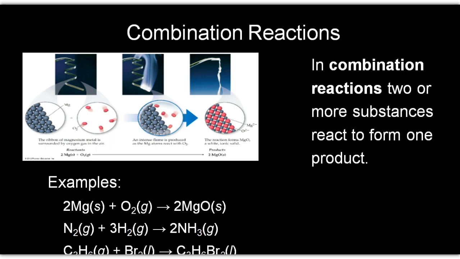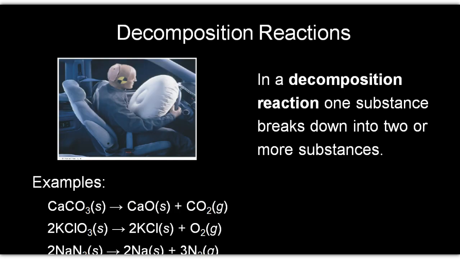Reaction types, this is a small listing of some of the different types of reactions that we could have. Here you have what's called a combination reaction, in which you're having two things added to make a new substance. So there we have a couple different examples of that. And then just the opposite, you have a decomposition reaction where you have a substance that is falling apart or breaking into two new substances.